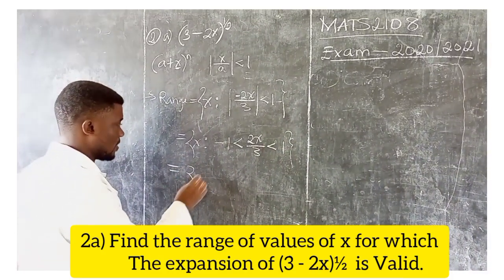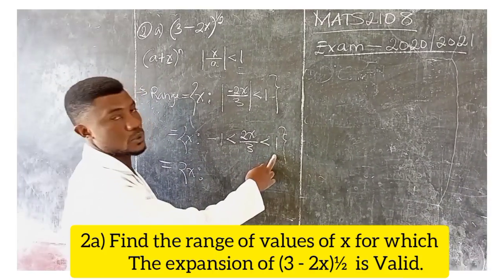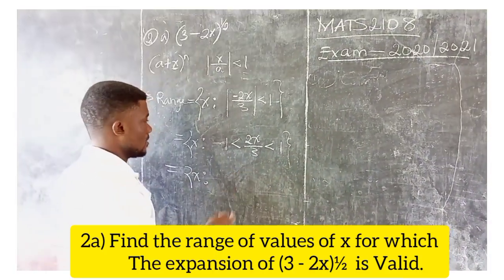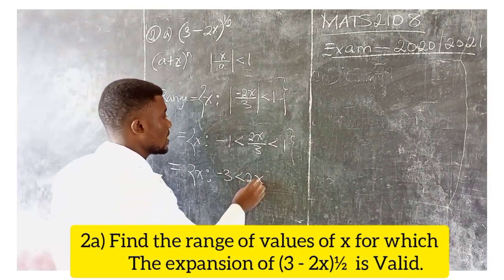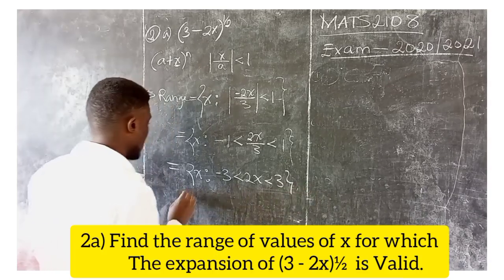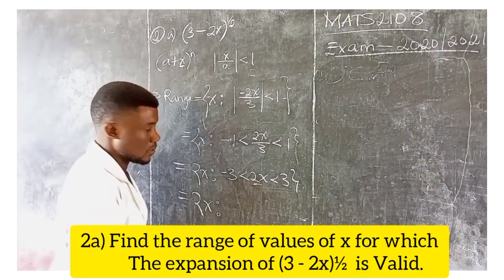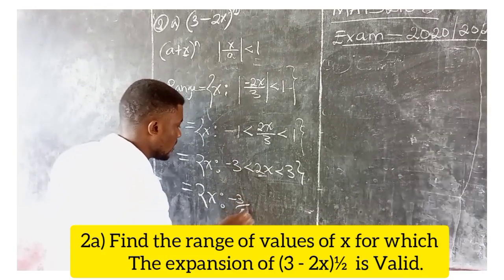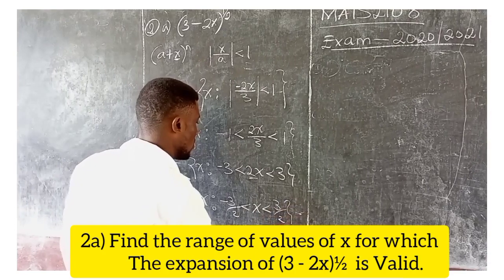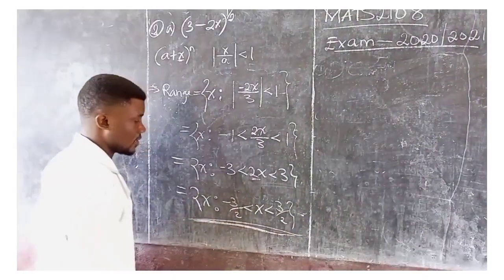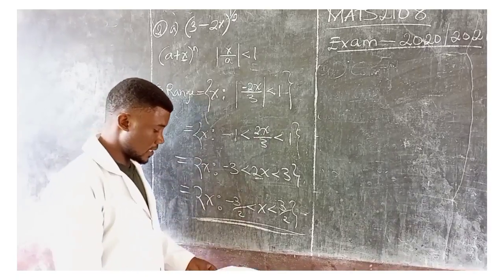If we simplify further, we multiply all through by 3. This is negative 3 is less than 2x less than 3. And then finally, we can divide all through by 2. It gives us negative 3 on 2 is less than x less than 3 on 2. So this is the range of values of x for which that expansion is valid.